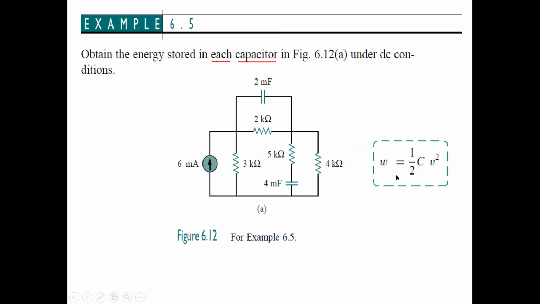As you all know, the formula for energy is half C V squared. Here C is the value of the capacitor and V is the voltage across the capacitor. So this problem can be solved if we know the voltage across each of these two capacitors. As you can see, the voltage across the 2 millifarad capacitor is the same as the voltage across the 2 kilo ohm resistor, because both of these elements are parallel to each other.